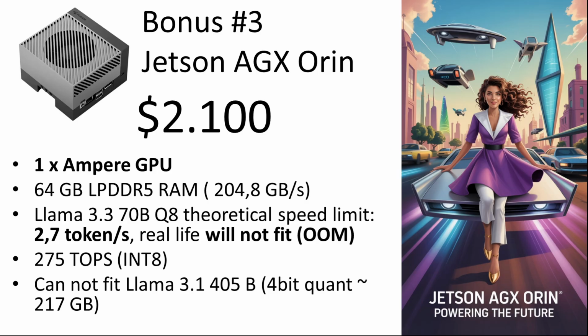So remember, this is kind of like a previous generation GPU, not the newest Blackwell cores. And it has 64 gigabytes of LPDDR5 RAM, or a total memory bandwidth of 204.8 gigabytes per second.